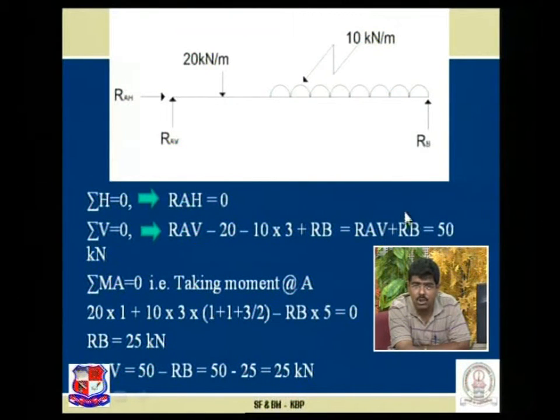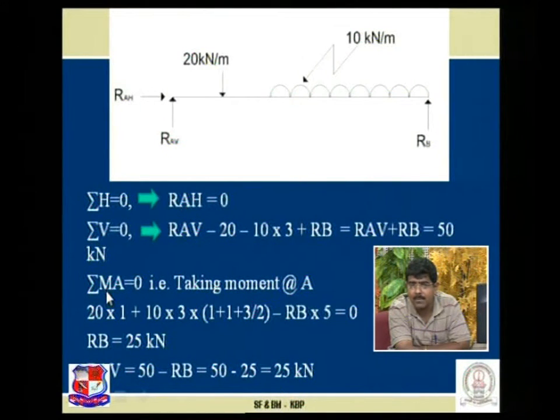So we achieve an equation RAV plus RB is equal to 50 kilonewton by taking sigma V equal to 0. Let us go for the third equilibrium condition, sigma MA is equal to 0, and we will be able to find out RB.